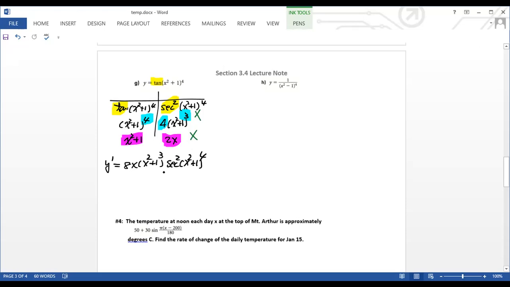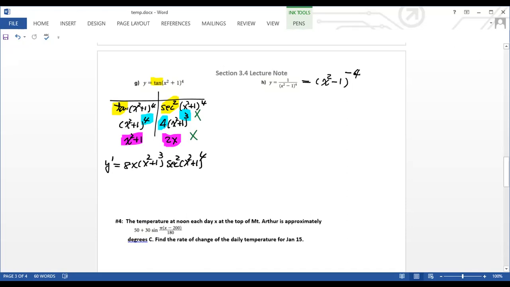Now let's take a look at the last one. This is y equals 1 over x squared minus 1 to the 4th. Of course, I can use the quotient rule, but the quotient rule is typically pretty complicated. Let's see if there is something better. If I rewrite this, because the 4 is in the bottom, I would say this is a negative 4.